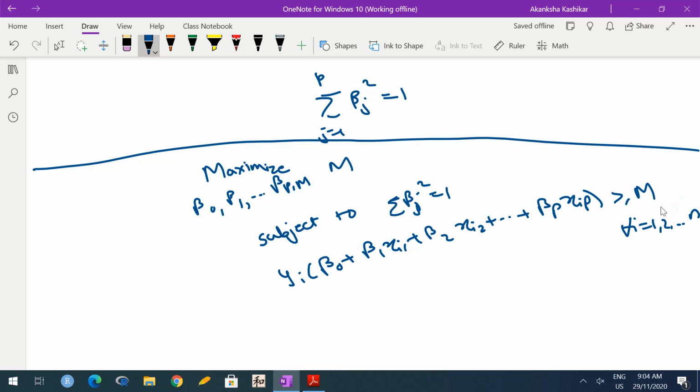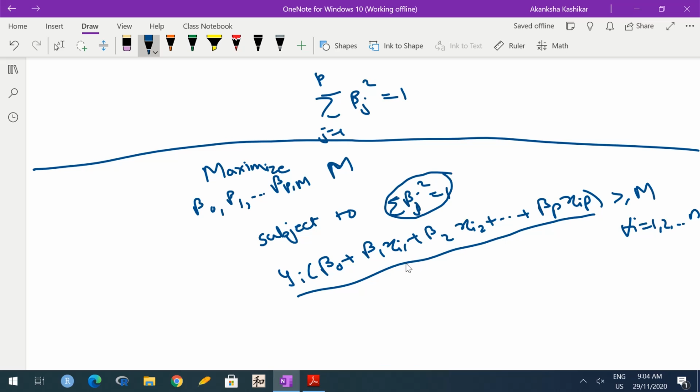What do I mean by each of these things? Of course, we have to maximize m because we are trying to find the maximal margin classifier. We put this constraint so that this becomes the distance of the point xi1, xi2, xip from the plane that we are getting. If we don't put this constraint, then we will need to put the square root of beta 1 square plus beta 2 square and so on in the denominator. We don't want that.